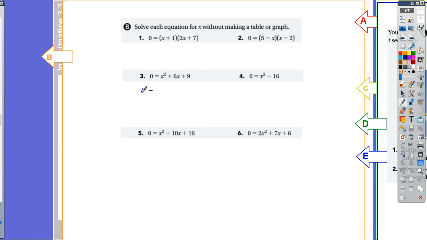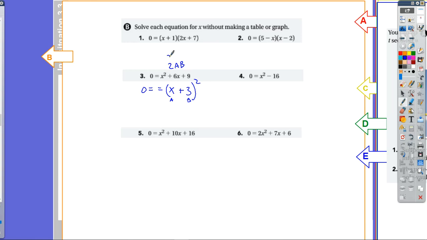So we have 0 is equal to, now if it's a square binomial, all we'll have to do is square root the x squared, which is x, square root the 9, which is 3, and we have 2 positives, so this has to be a positive squared. Now we're not able right now to say that that is correct because we need to double check to make sure the linear term works. So we have our a value, we have our b value, and we know that the linear term is going to be 2 times a times b.